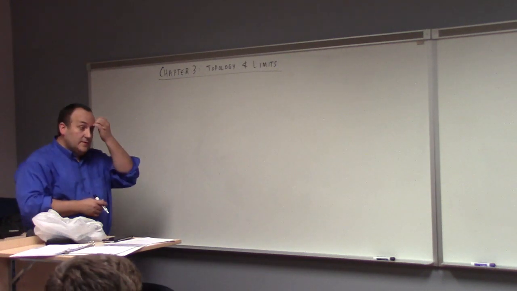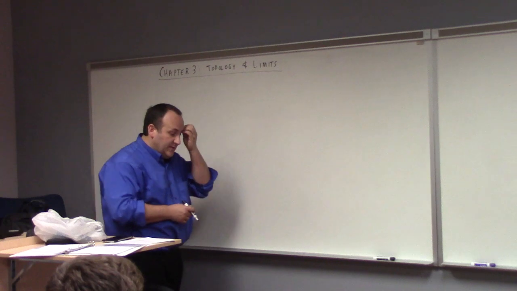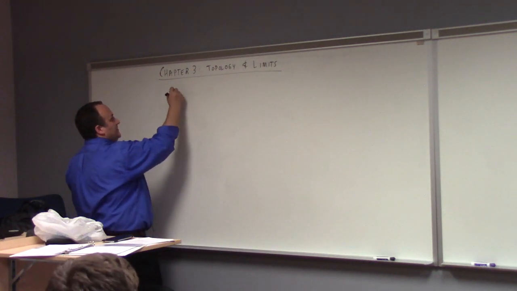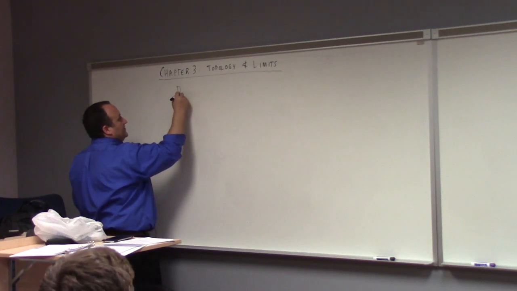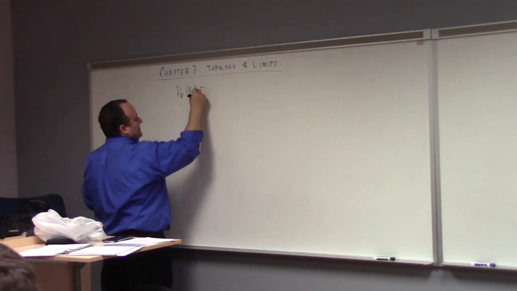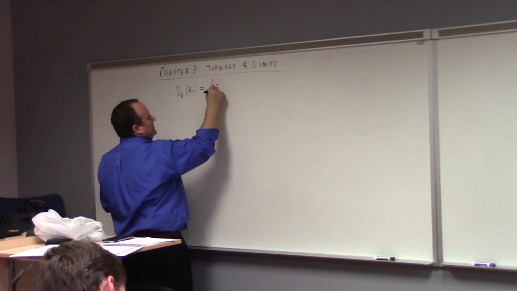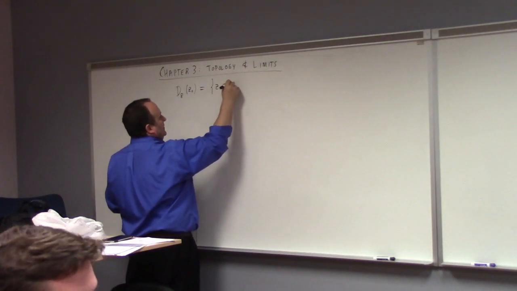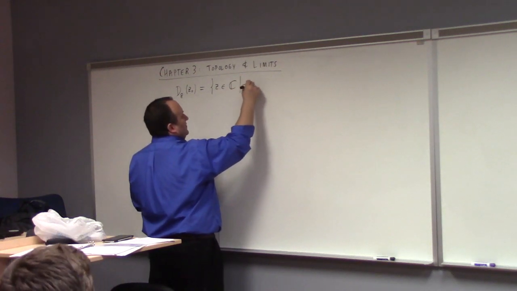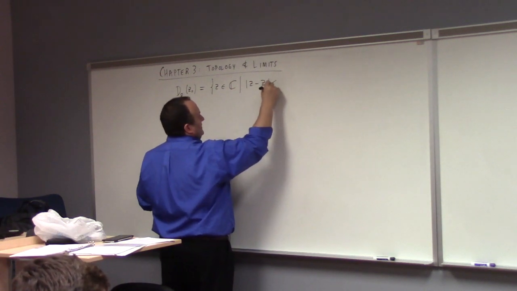Now, in here, we're talking about the complex plane primarily. So, the topology we'll describe is basically based on this. D_r of z naught is the set of z in the complex number system such that the modulus of z minus z naught is less than r.